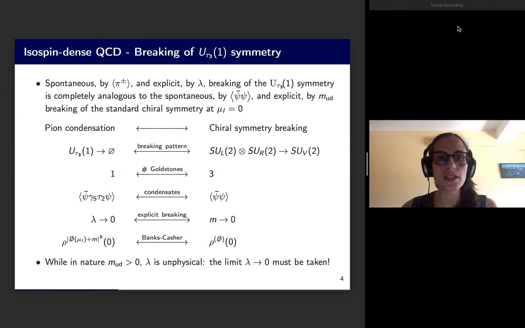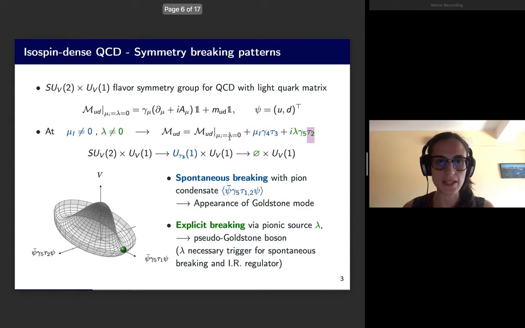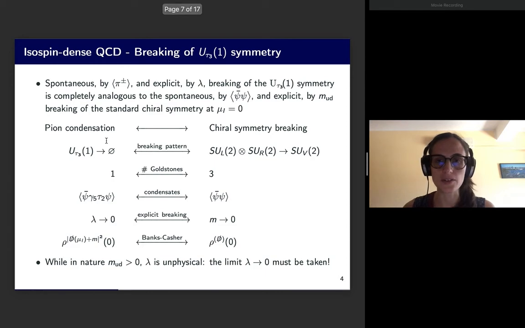In particular, we noticed that this breaking of the U(1) tau 3 symmetry, which is achieved explicitly by a non-zero lambda, but that is also the result of a spontaneous breaking, if I go back one slide, of the symmetry that you get by setting a non-zero isospin chemical potential, is fully analogous to the breaking of the standard chiral symmetry in a setup in which you have zero density and a non-zero temperature.